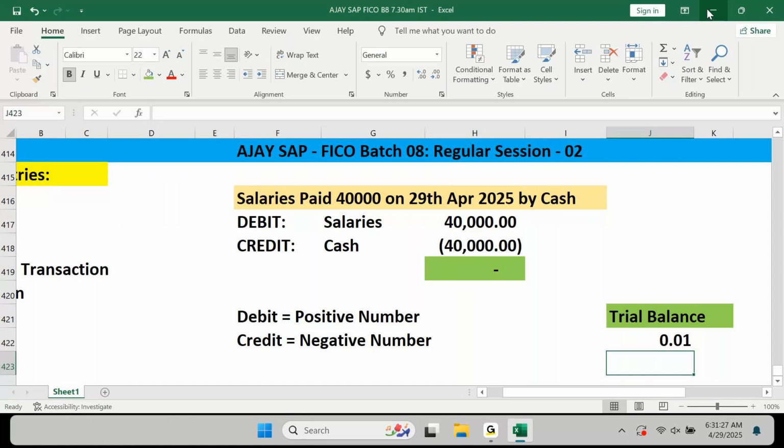Fail. Simple. Same thing here also. Even if the difference is 0.01, which nobody cares, you will not get anything for 0.01, but still we are telling accounting is wrong. In such a way, 0 mark.